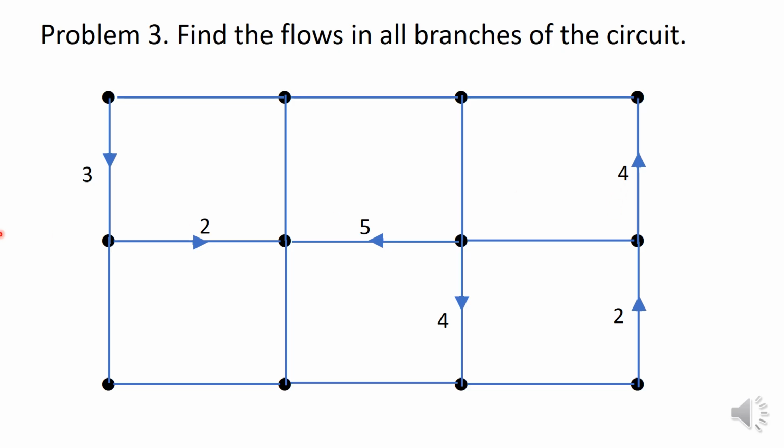Okay, so you may have attached meters to these branches and measure the currents. What you have to do is find the flows in the remaining branches. So you can work on that also and get some practice in this. Again, it's not very difficult, very simple arithmetic.